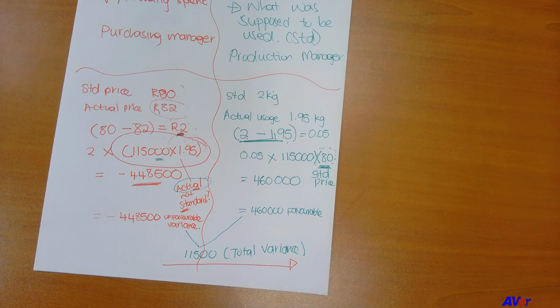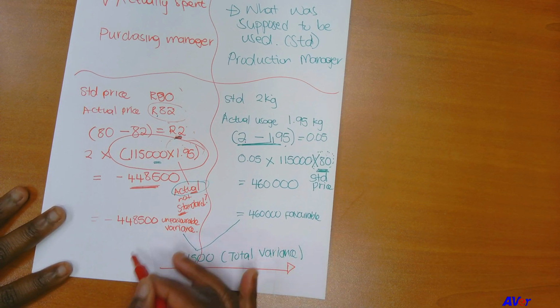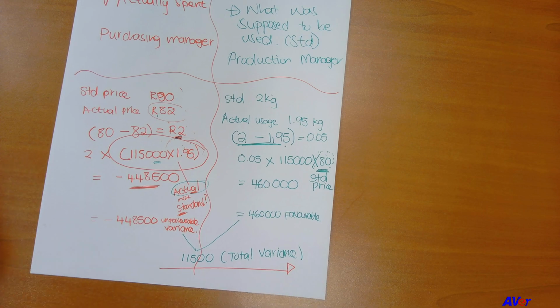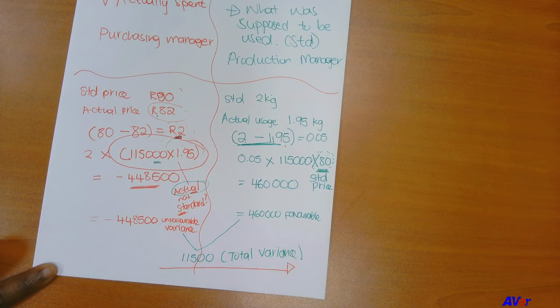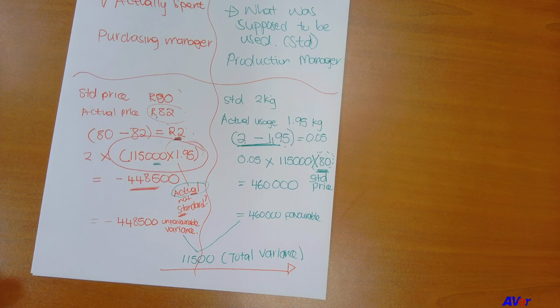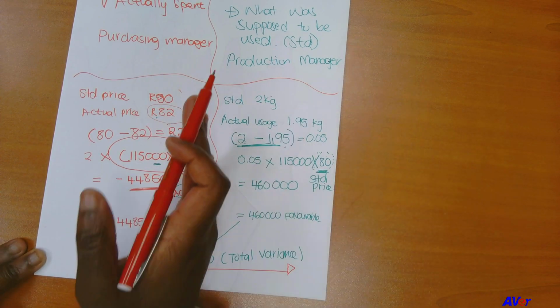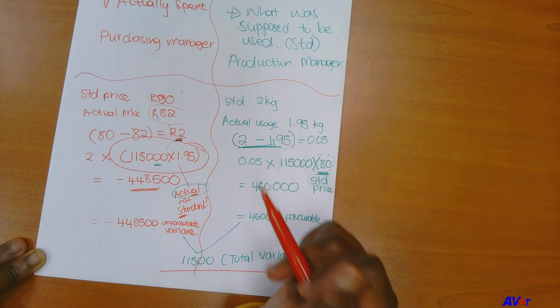It is just telling me that, okay, we spent 11,500 less than what we were supposed to. However, for me to be able to make decisions, because remember, we said the reason we're doing standard costing is so that the management accountant can track and control internal costs for what? For decision-making purposes. If I have this total variance, my decisions will not be as accurate as when I have a split to say this is the price and this is the volume variance.